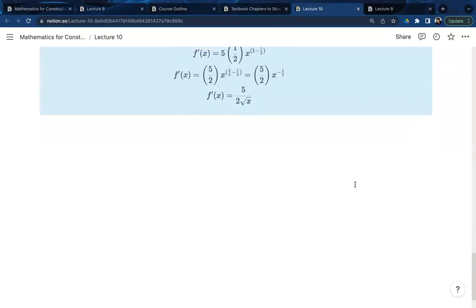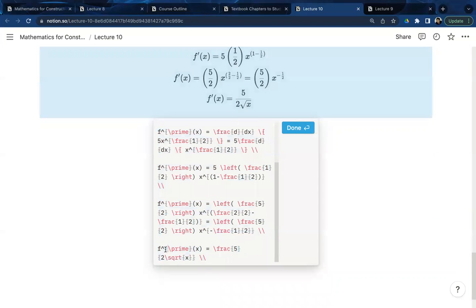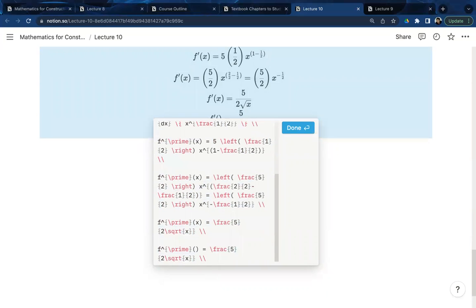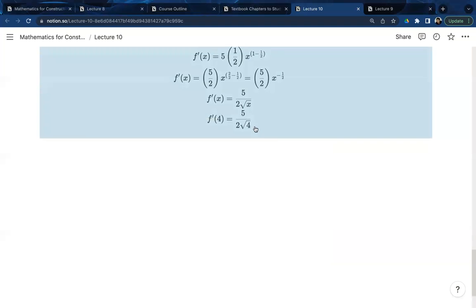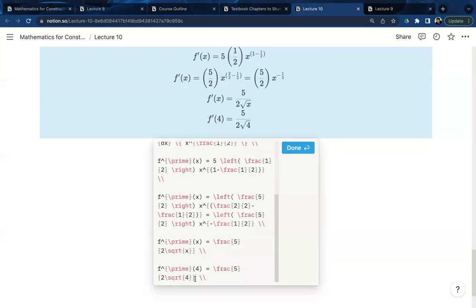So let me try and get that. What is f prime of 4? Now it's just substitution really. F prime of 4 is 5 over 2 times the square root of 4. The square root of 4 is 2. We take the positive square root, right?